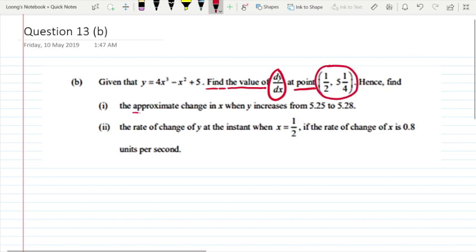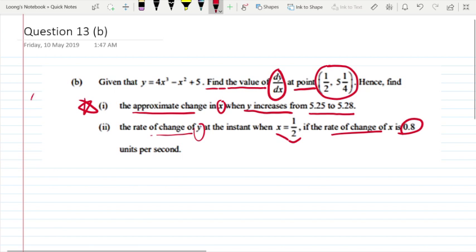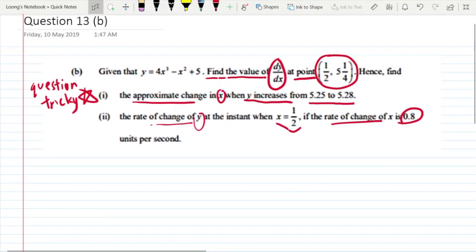Later we need to find the approximate change in x when y increases from 5.25 to 5.28, and also the rate of change of y when the rate of change of x is 0.8. Take note that this question is a little bit tricky. And now we will begin with differentiation.